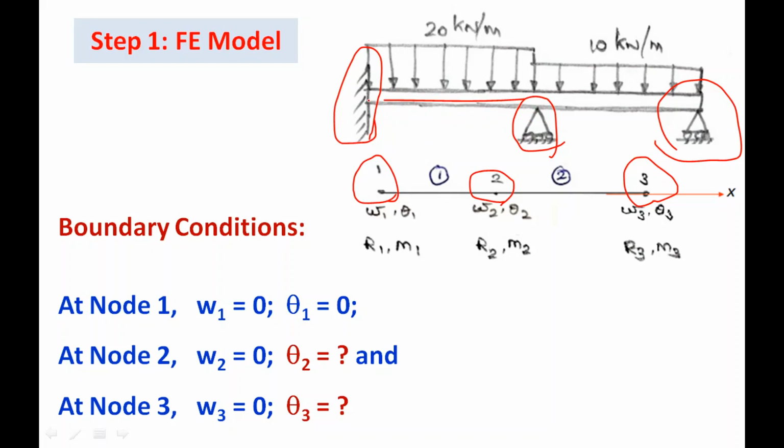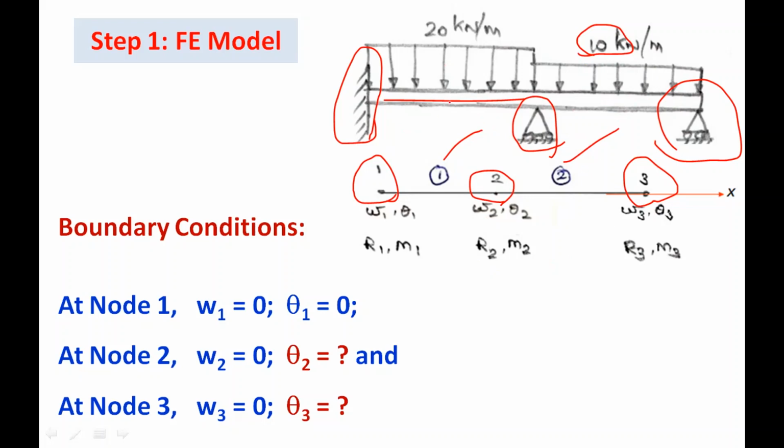So we need not use any node in between the fixed end and the roller support. Similarly, from this roller support to this support, again the load intensity is uniform, so we need not introduce any node. So to solve this problem, we can use the two element model.